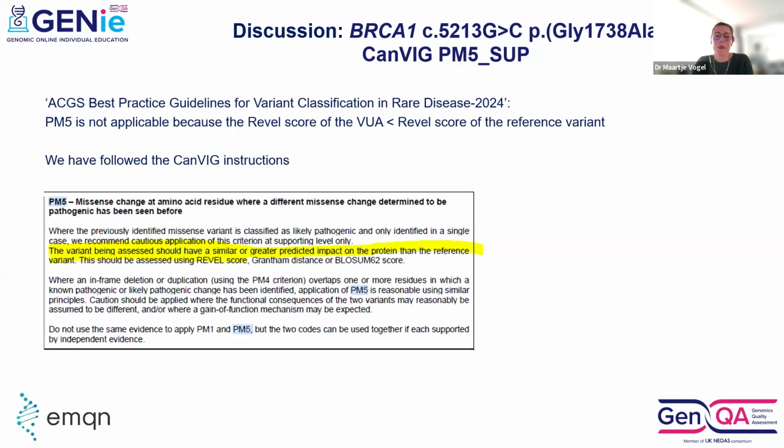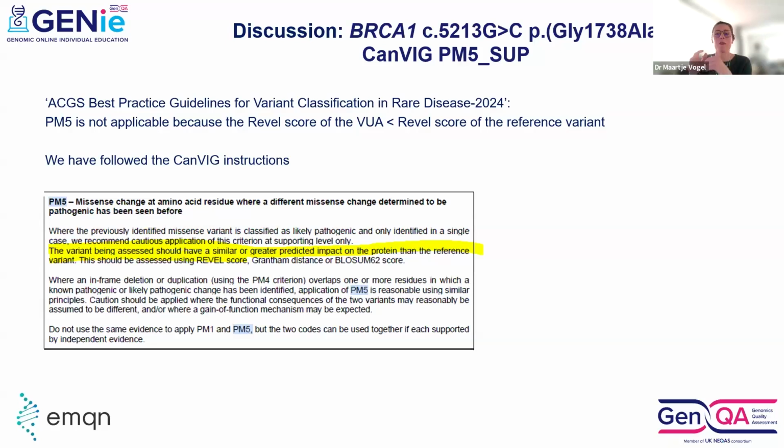There's one small caveat. During the run, the newer version of the ACGS best practice guidelines also became available, the 2024 version. And we noticed that in there, they say that you can only use PM5 when the REVEL score of the variant under assessment is actually higher than the reference variant.